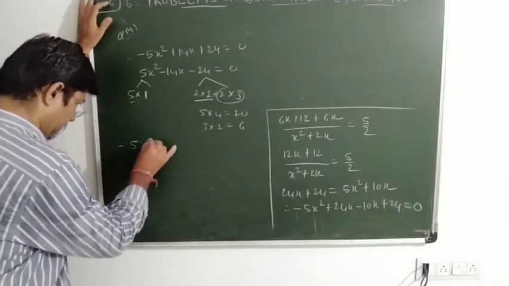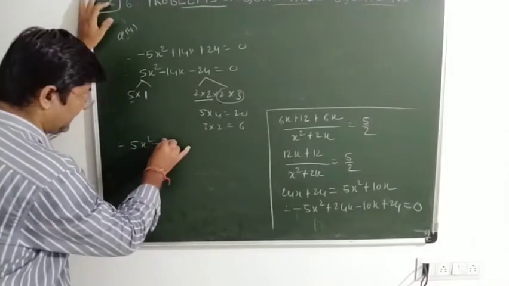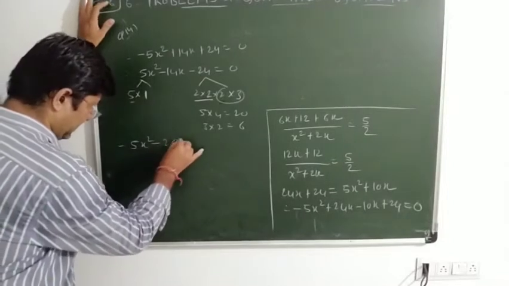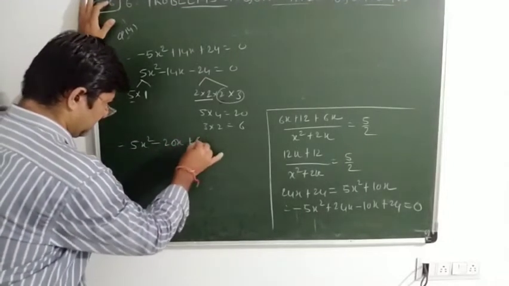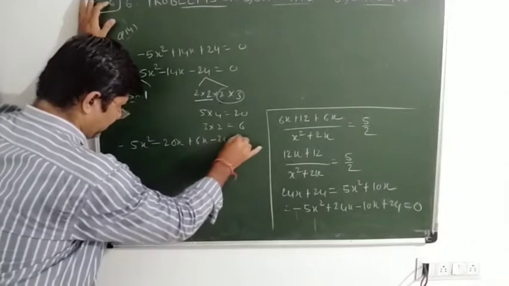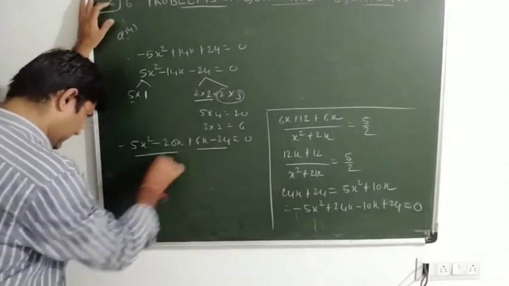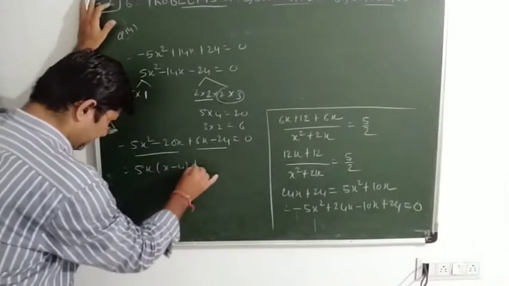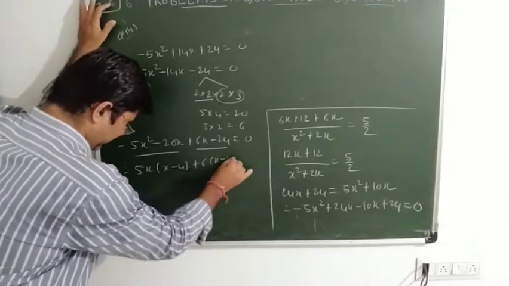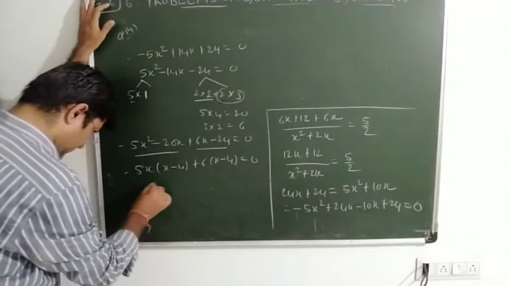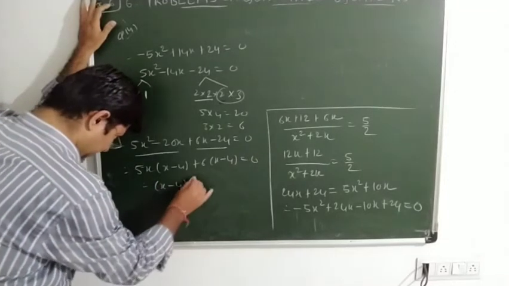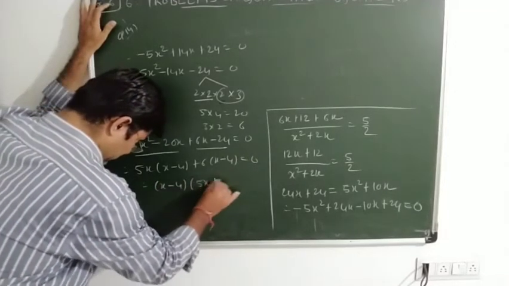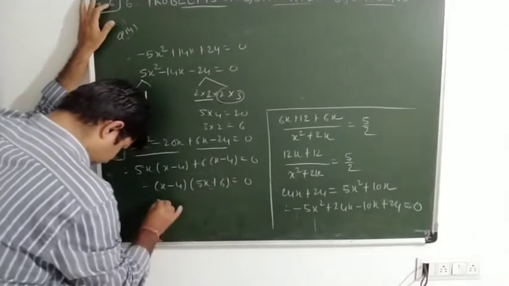Therefore 5x square minus 20x plus 6x minus 24 is equal to 0. Therefore 5x common, x minus 4 plus 6 common, x minus 4. Therefore x minus 4 into 5x plus 6.